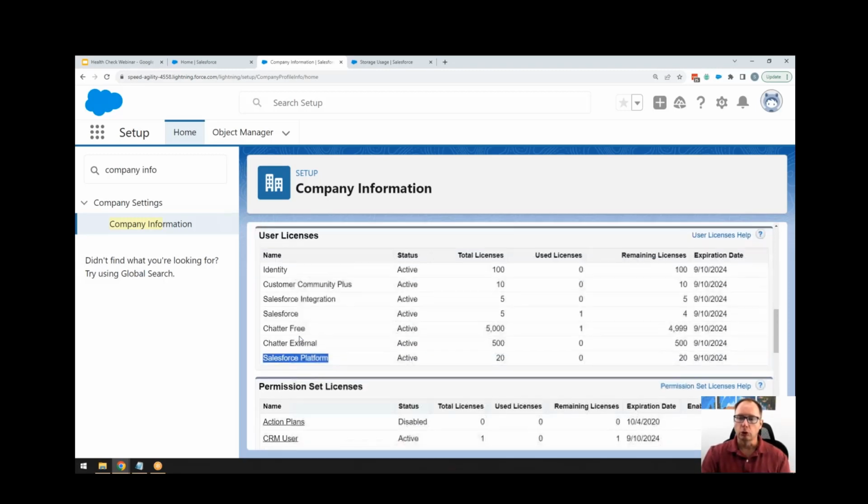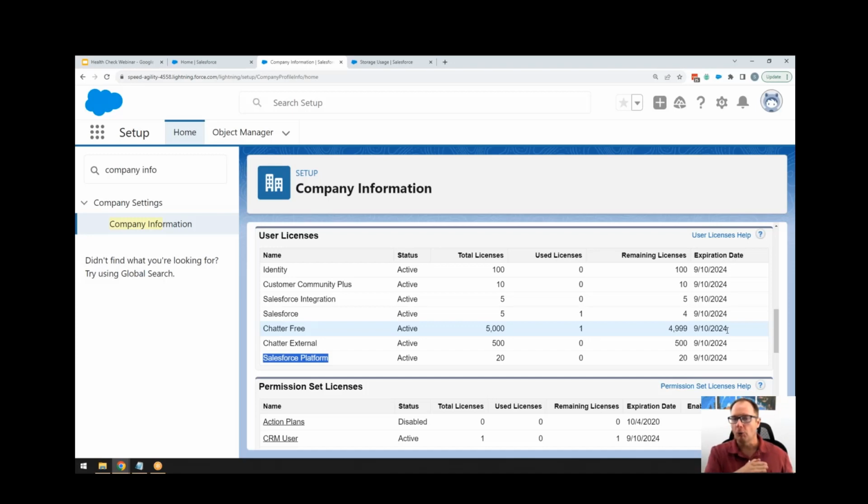So we're looking to see what the customer has in terms of licenses, but we're also looking at this key date. So in this example, the expiration date on this org is September 10th, 2024. So I'm recording this in October, so basically 11 months away. The reason that date's important is because if you're going to make any adjustments to your licenses, you have to do it when you're in a renewal period.